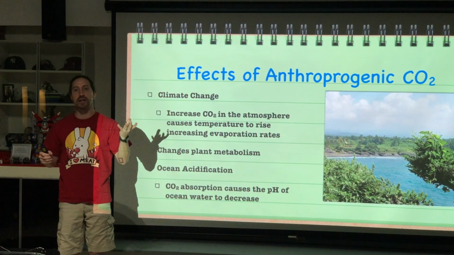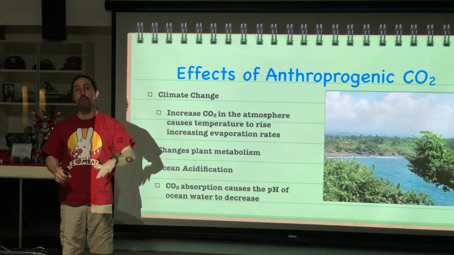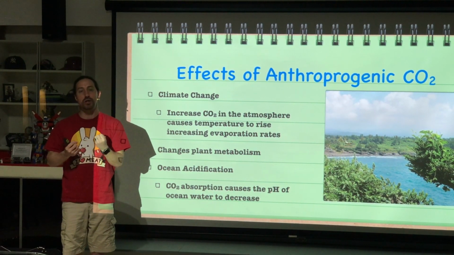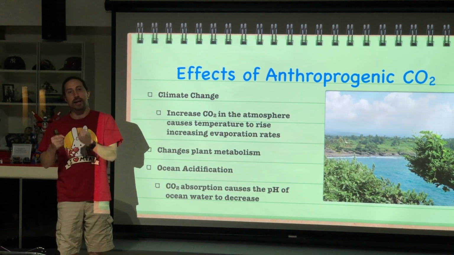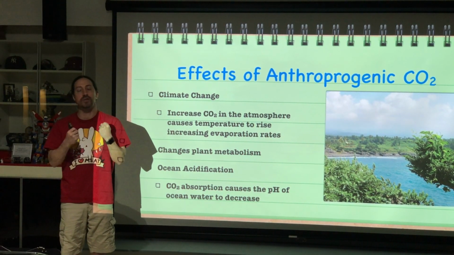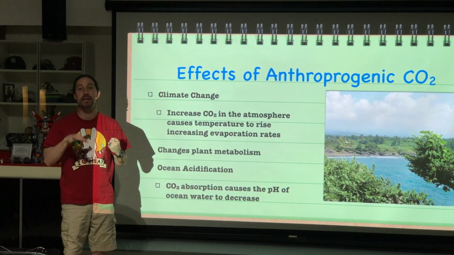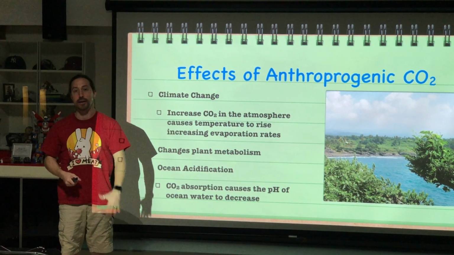As carbon dioxide concentrations increase in the atmosphere, it gets absorbed by the oceans. And as the oceans absorb that CO2, it ends up releasing hydrogen ions as the CO2 interacts with the water molecules. And that means that you're going to lower the pH of the ocean, which is not a good thing.